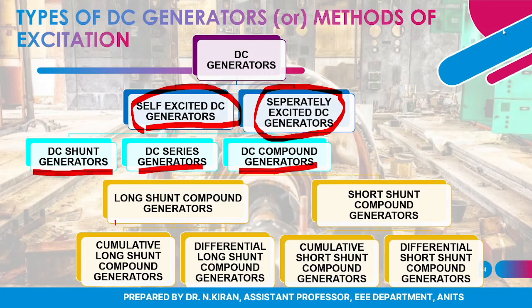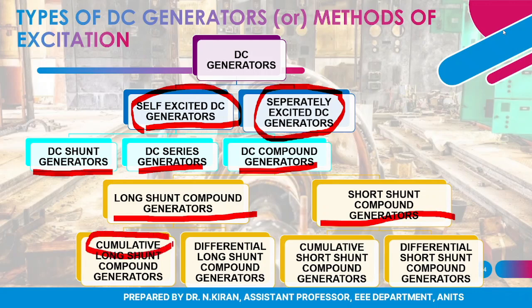Compound generator again is further classified into two categories: long shunt compound generator and short shunt compound generator. These are again further classified into two categories: one is cumulative and another one is differential. So we'll see the governing equations and the circuit configuration of all these types of generator one by one in today's lecture.